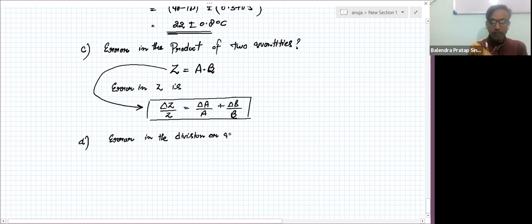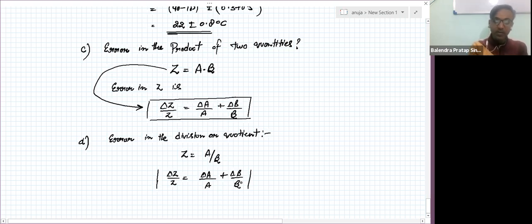Here Z is defined as A upon B. If Z is equal to A upon B, in this case the formula remains the same. Delta Z upon Z is equal to delta A upon A plus delta B upon B. The formula remains the same. Okay, this is another formula.